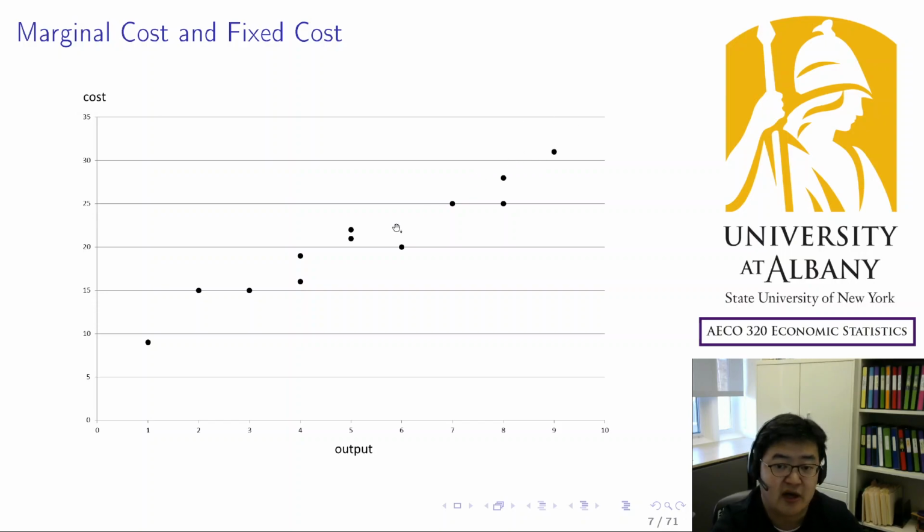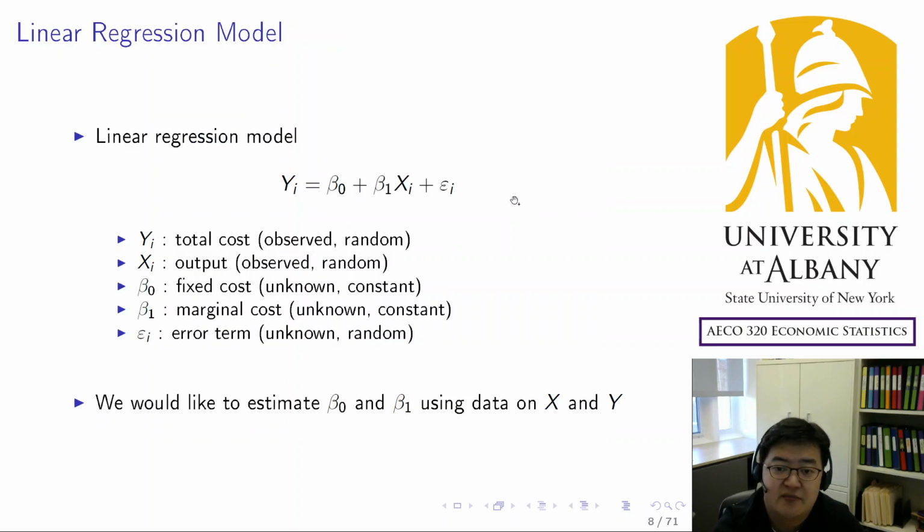Okay, this is a scatter plot. Then our goal is to make a trend line that fits those dots, right? So to do that, we are going to set up an equation. This is the linear regression model. As before, we will consider only the linear relationship.